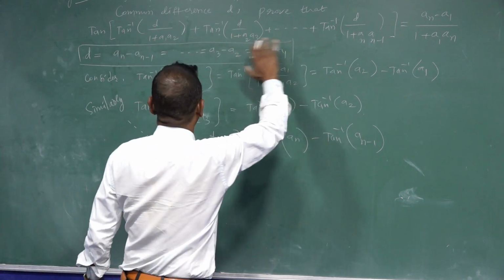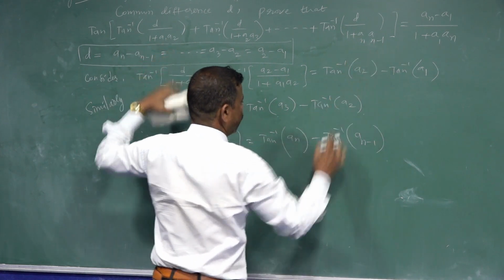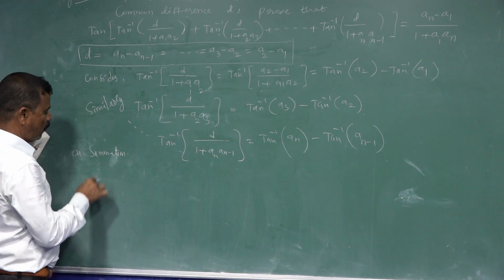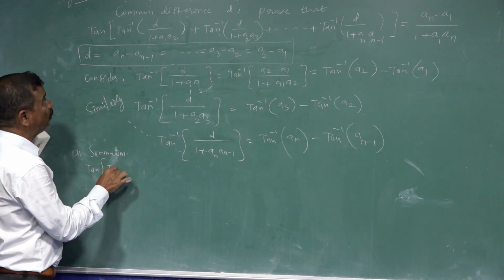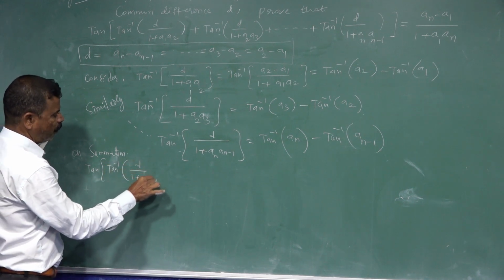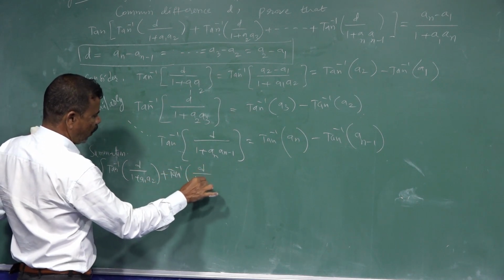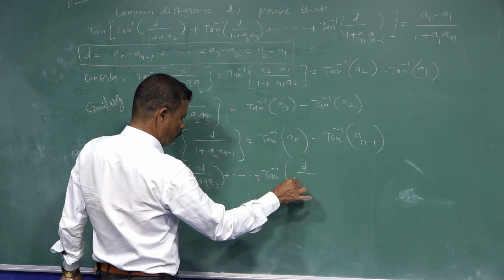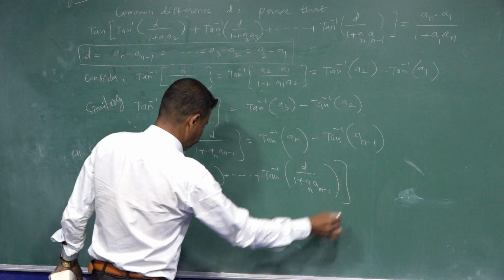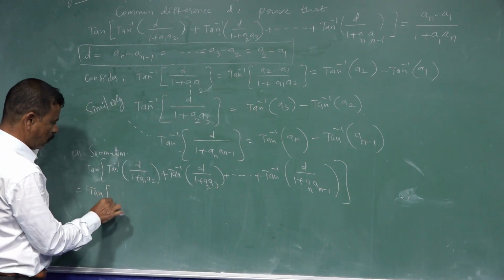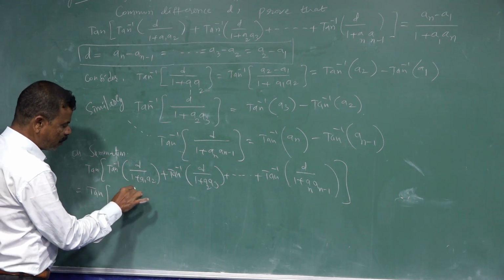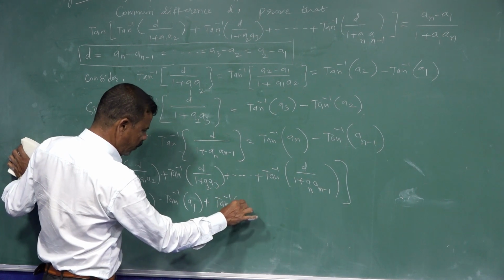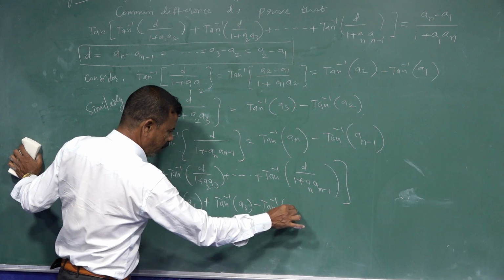So all the summations from a1 a2 up to a(n minus 1) an. On the left side, tan inverse of d by 1 plus a1 a2 plus tan inverse of d by 1 plus a2 a3 and so on, plus tan inverse of d by 1 plus a(n minus 1) an, equals this value: tan inverse a2 minus tan inverse of a1, and next tan inverse of a3 minus tan inverse of a2, and so on.